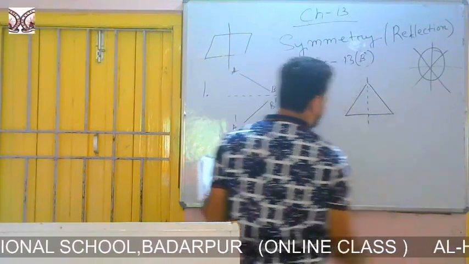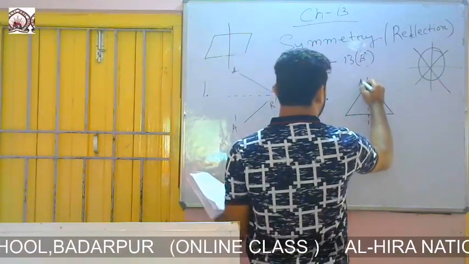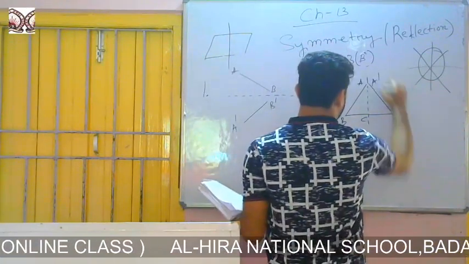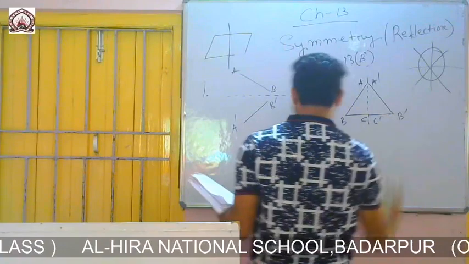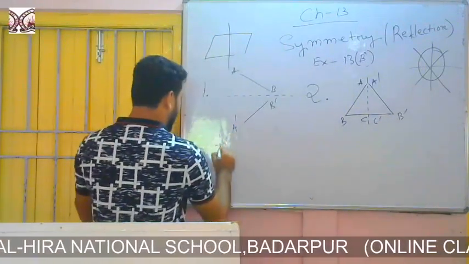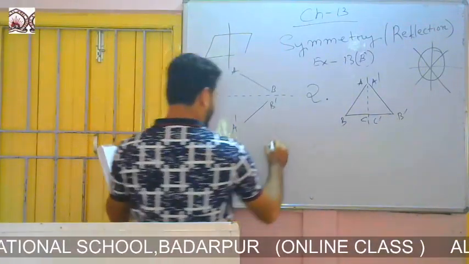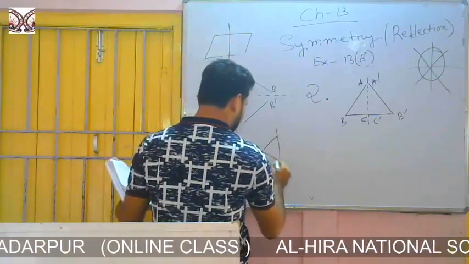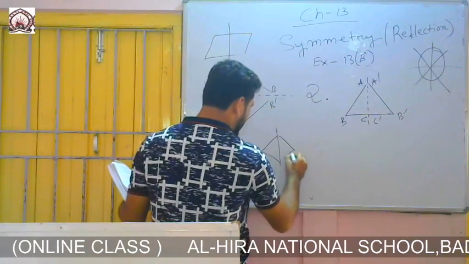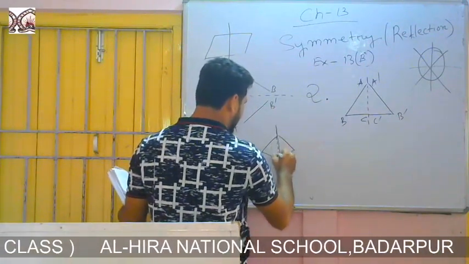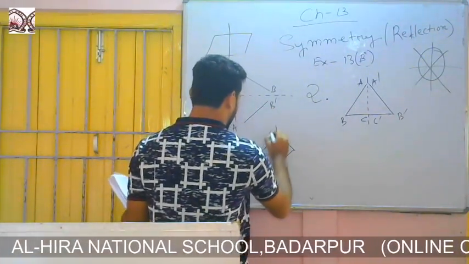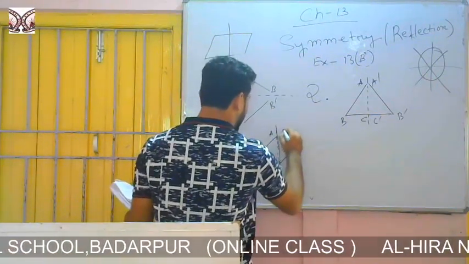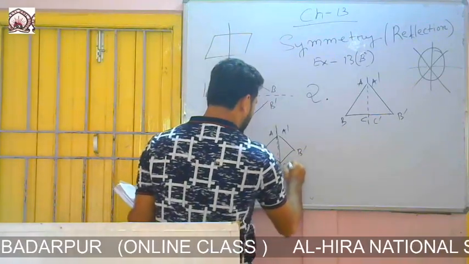If the names are A, B, C, then obviously this will be A dash, B dash and C dash. Now come to 3. It is given like this, so obviously we will get like this. If this is the line of symmetry, then we will get like this. So if the names are A, B, C, then we will get A dash, B dash, C dash.